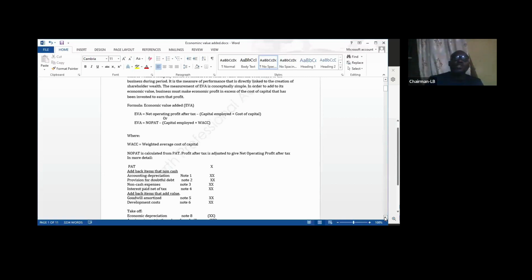Development cost should not be deducted. An example of development cost is training cost. When you have staff training, it should not be deducted as an expense. Where staff training has been deducted, this should be added back.